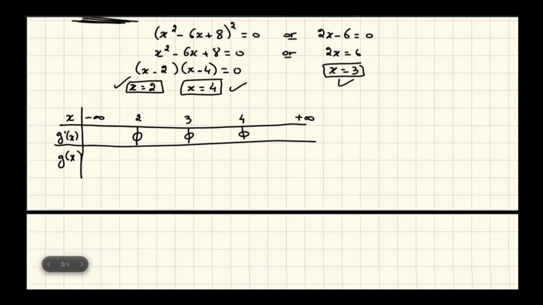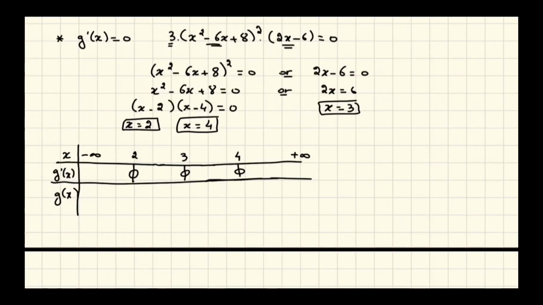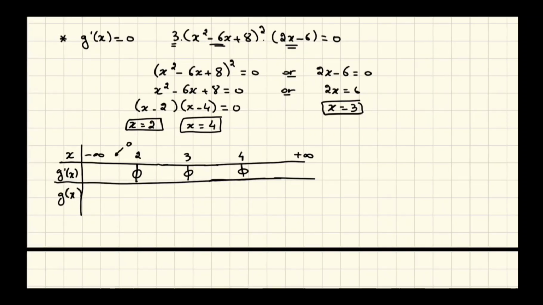Now choosing values from -infinity to 2, from 2 to 3, 3 to 4, 4 to plus infinity to check the sign of g prime of x. You can choose the value 0 if you want here, or 1, or -1, or whatever. A value here like 2.5, 3.5, and a number bigger than 4 like 5.